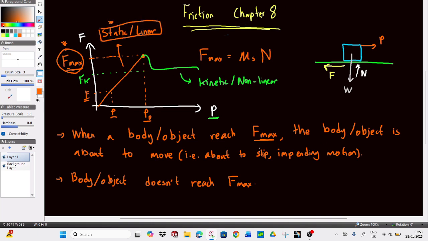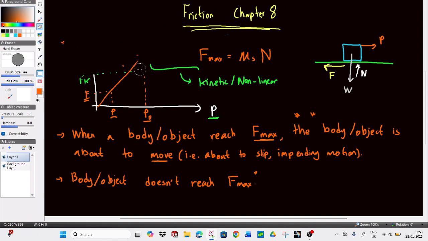Either the body or object is just about to move, which is basically the common case, or the body or object doesn't reach F max, where something interesting will actually happen. Allow me to explain. I'm going to erase the chart, just to give me a good idea to explain to you guys what's going to happen.